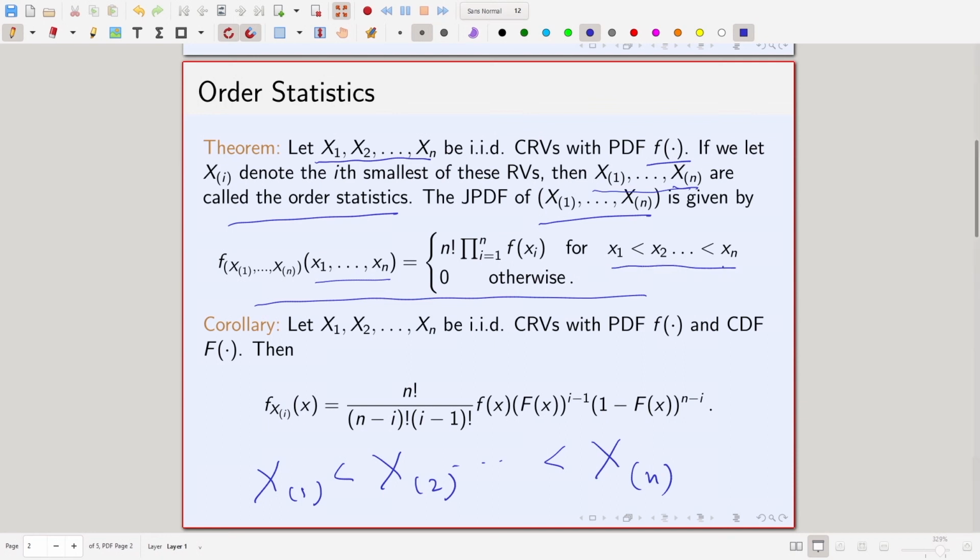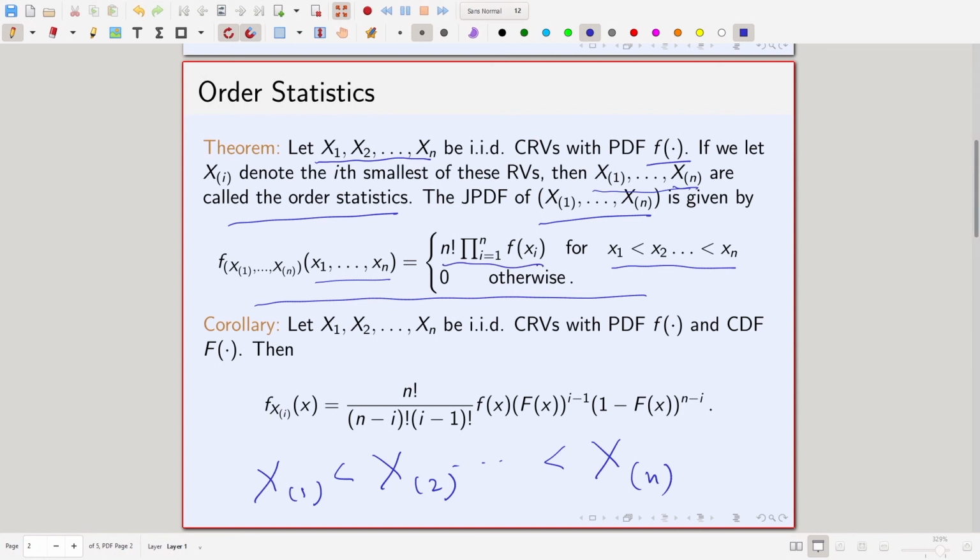First of all, this is non-zero only when x1 is less than x2 and so on less than xn, because the random variables have this relation between them. If this is not true, then the joint probability density function is 0, and if this is true, then it is given by this quantity.